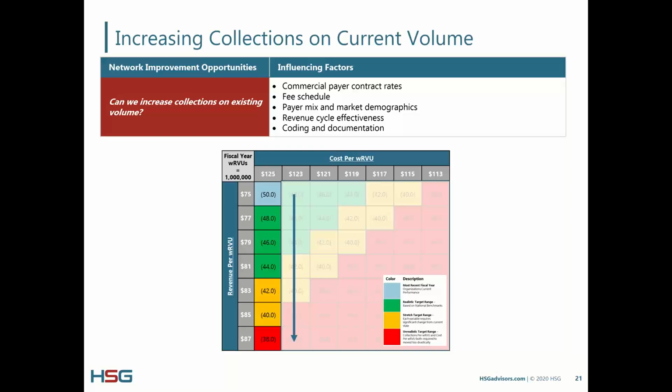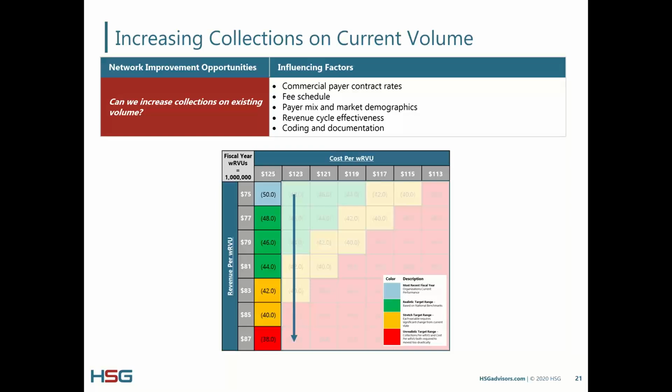So if we think about a fictional network that did 1 million work RVUs in its last year, losing $50 million, that basically puts us, when we looked at the revenue per work RVU, at about $75 a work RVU. We're looking at about $125 of cost per work RVU.